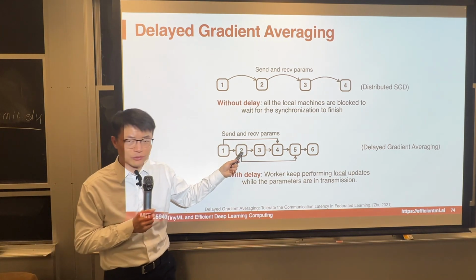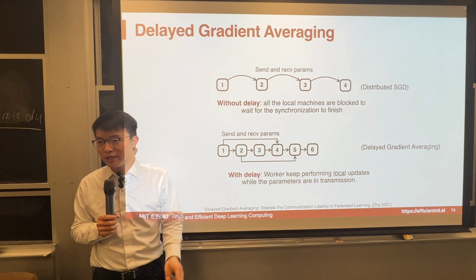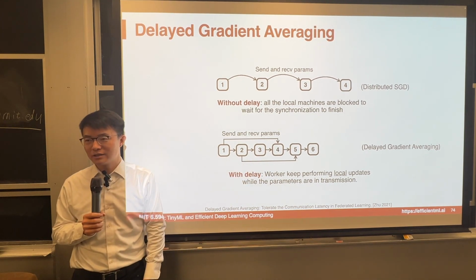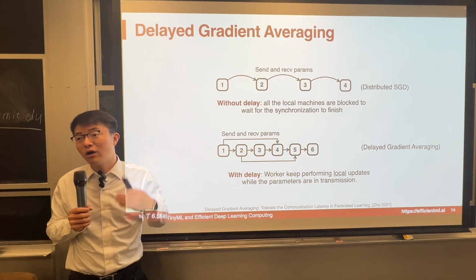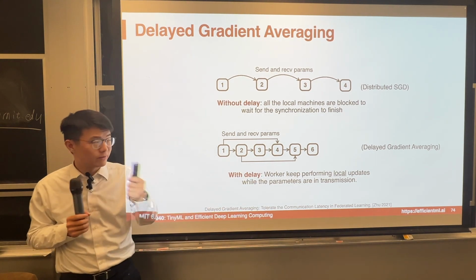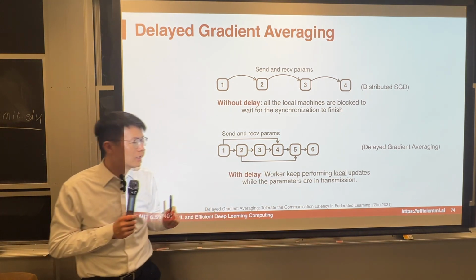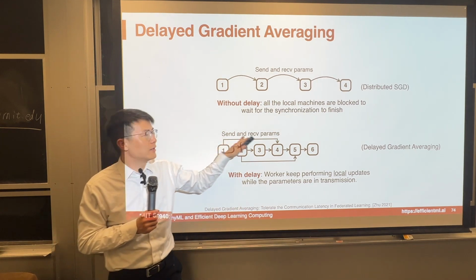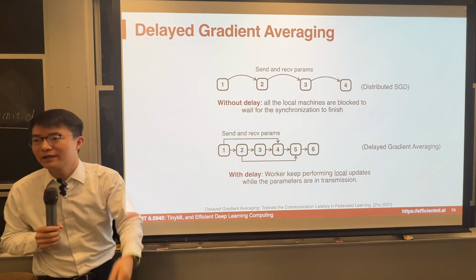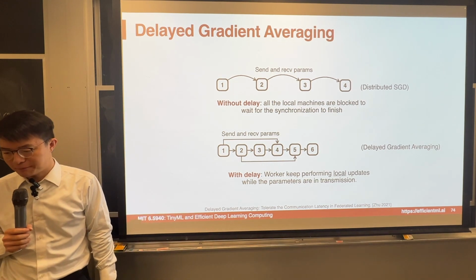We can start step 2, step 3, step 4, until we finally receive the gradient from other workers. So now I apply this gradient update since I have received it from other workers. But what I applied here is something that is 3 time steps ago. It's a stale gradient. So the worker keeps performing local updates while parameters are in transmission, and then I can apply this stale gradient. And similarly, at step 5, we are applying the gradient that was calculated during step 2.